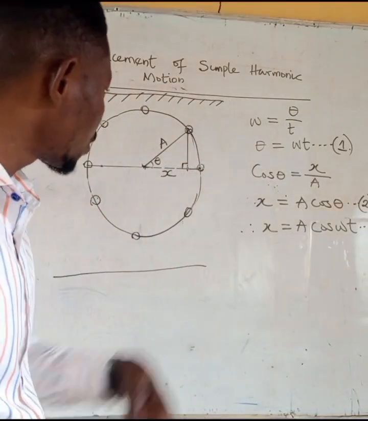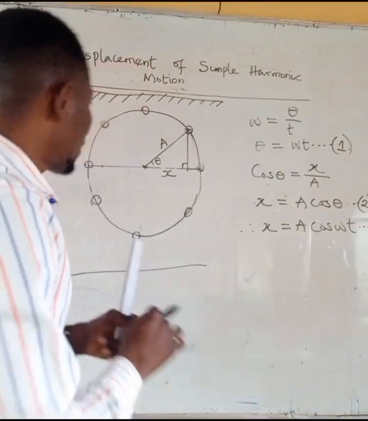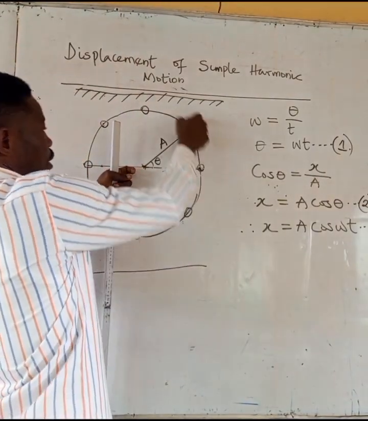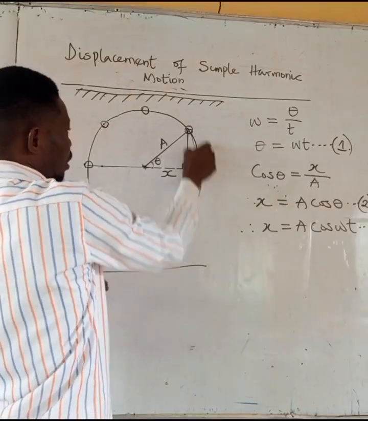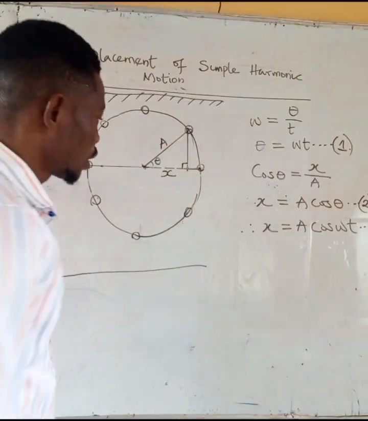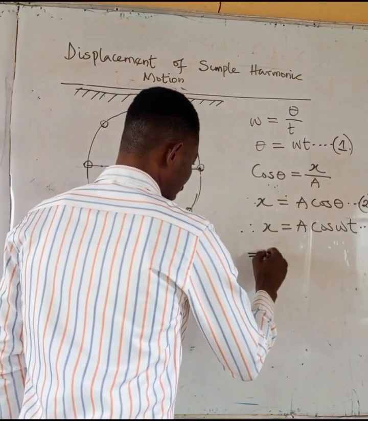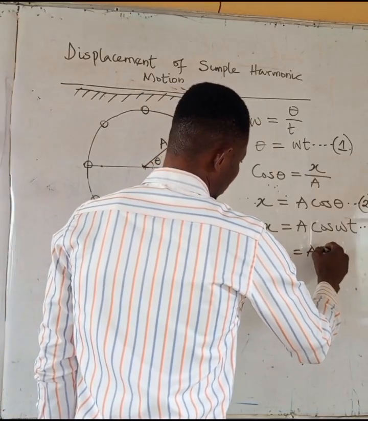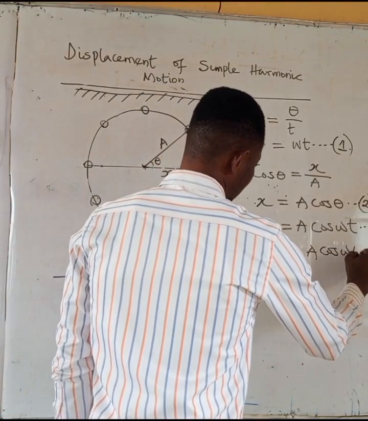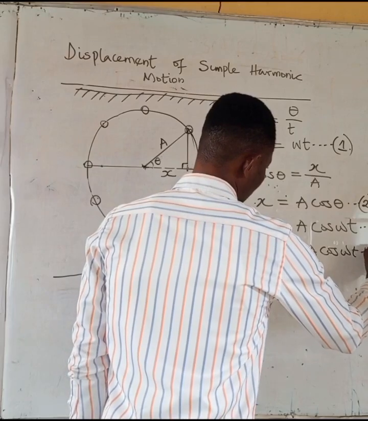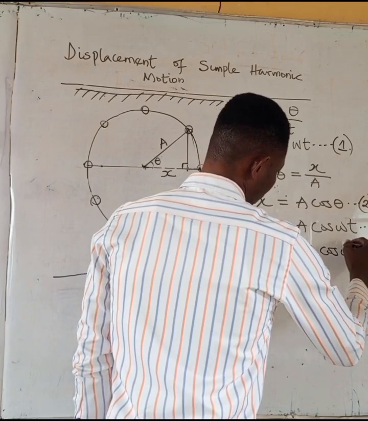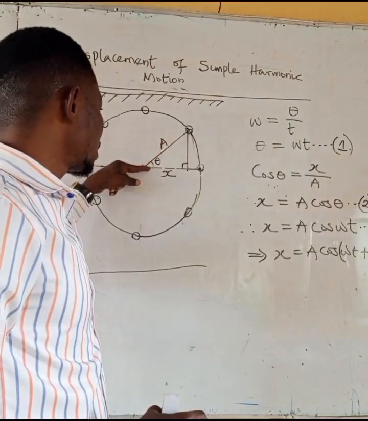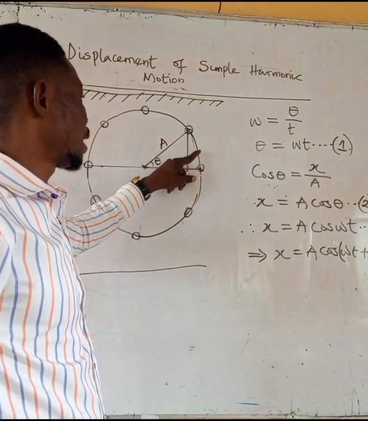Now, it is also possible to show that for particles that do not start from the beginning here and move around the circle, x is equal to A cosine of omega t plus phi. Phi is the difference in angle between particles that start from the beginning and particles that do not.